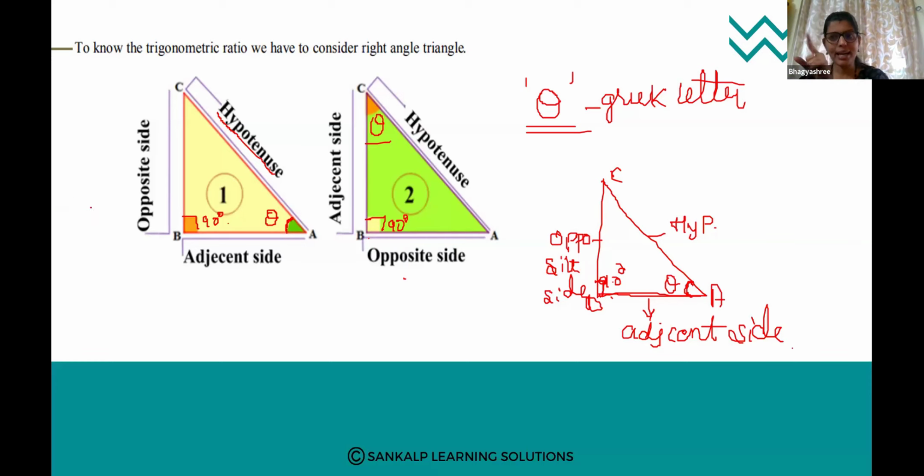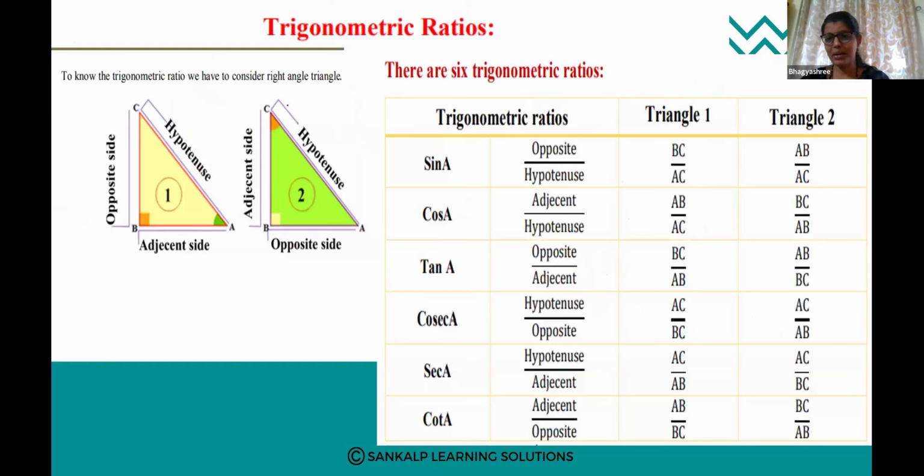Where do the 90 degree and theta lie? That line we call the adjacent side. So here AB is the adjacent side and here BC is the adjacent side. Is that clear? Theta is the symbolic representation of the angle. Next one, very, very important.